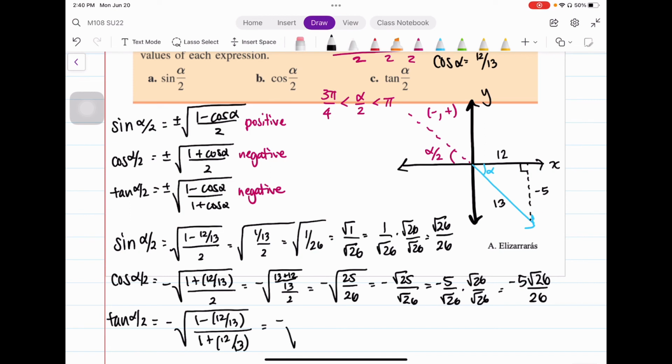So that is the negative square root of (1 over 13) over (25 over 13), which is equal to the negative square root of, I'm going to multiply by the reciprocal, so 1 over 13 times 13 over 25, which is the negative square root of 1 over 25, or negative 1/5. And that is it for this section.